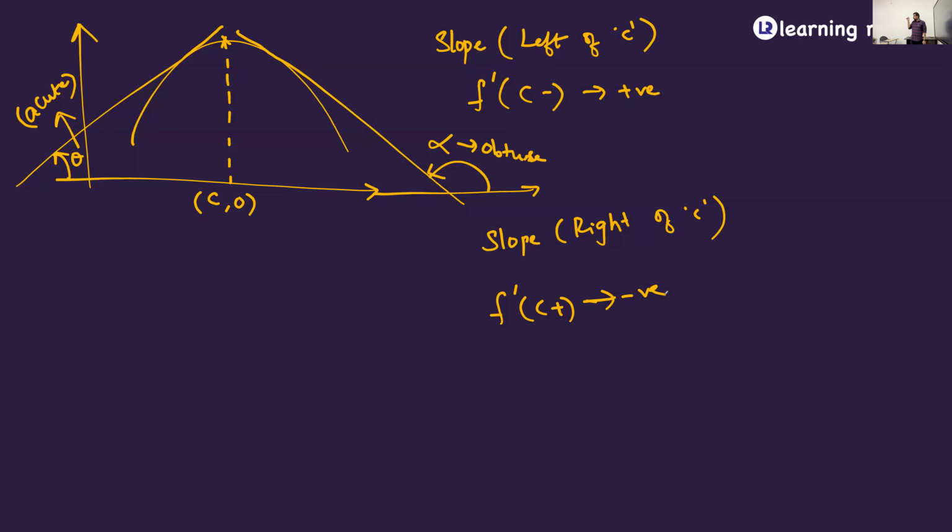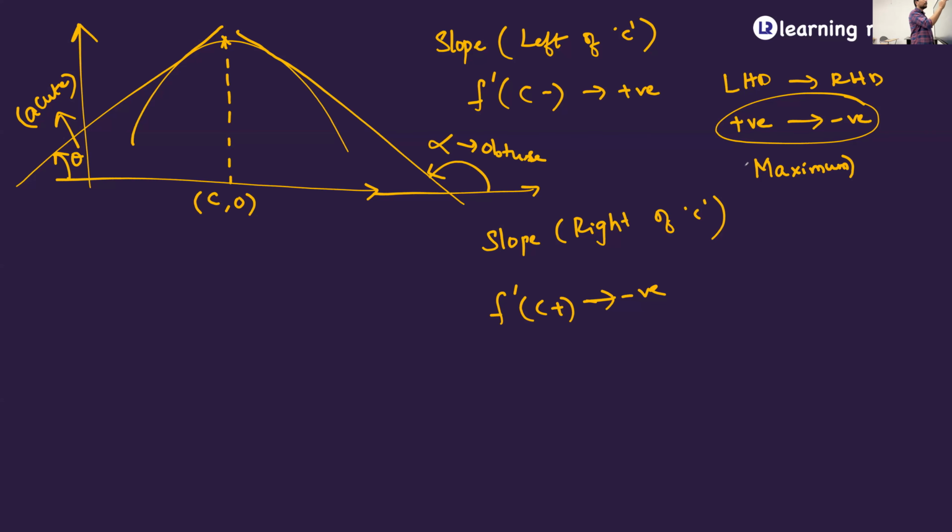So if I take that point c and consider the left hand derivative and the right hand derivative, if the derivative changes from positive to negative, then the function is said to attain a maximum at the point c.